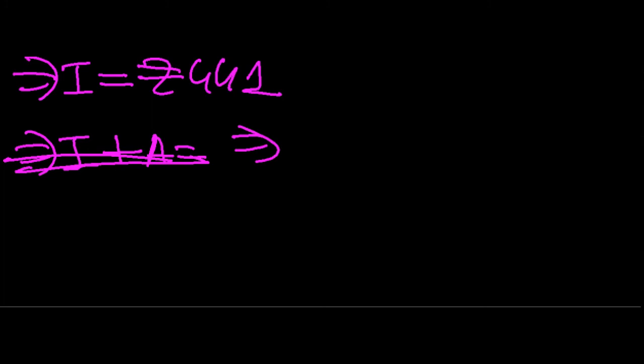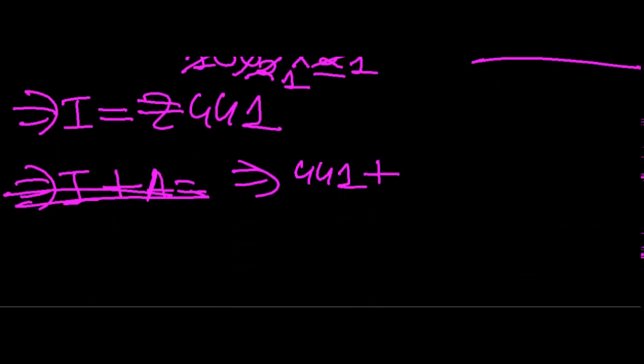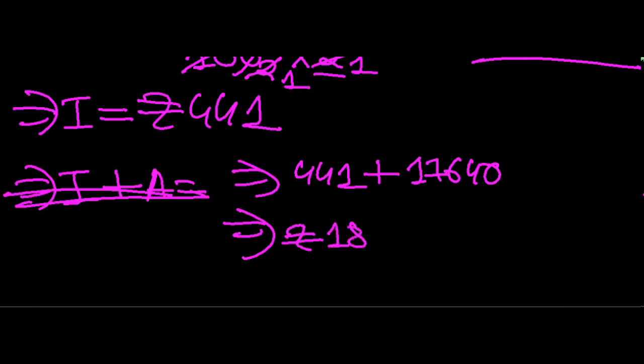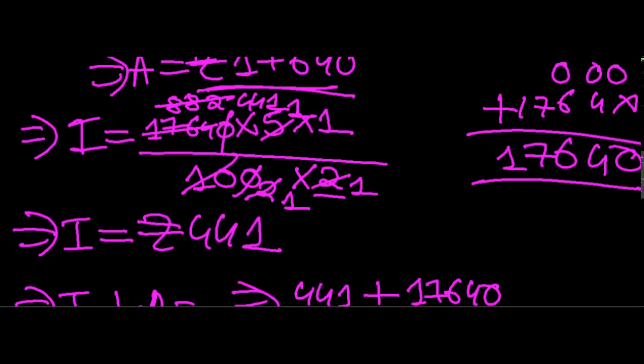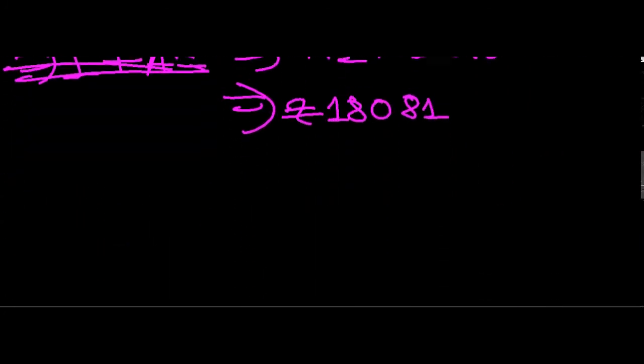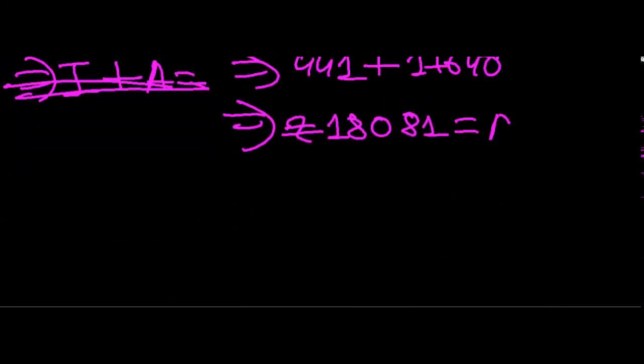So let's add them. 441 plus 17,640 is equal to rupees 18,081. So rupees 18,081. Okay friends, and this is the amount.